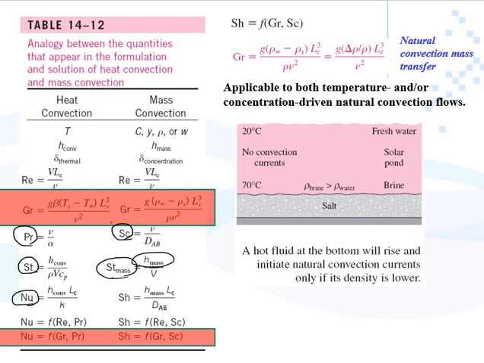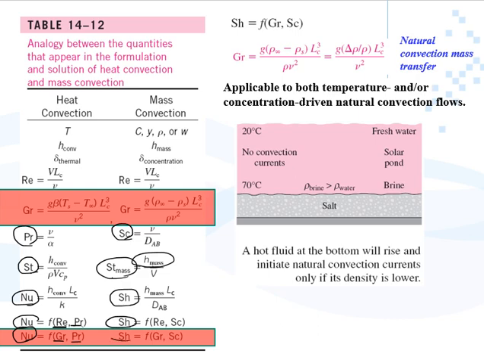dimensionless number that we use in heat transfer, convection heat transfer. Similarly, we use another dimensionless number in mass convection called Sherwood number. We said that for natural convection heat transfer, Nusselt is a function of Grashof and Prandtl, and for forced one is a function of Reynolds and Prandtl.